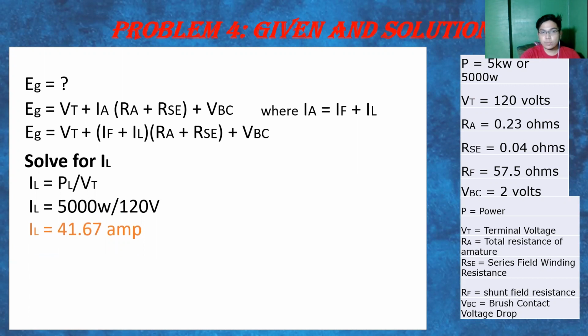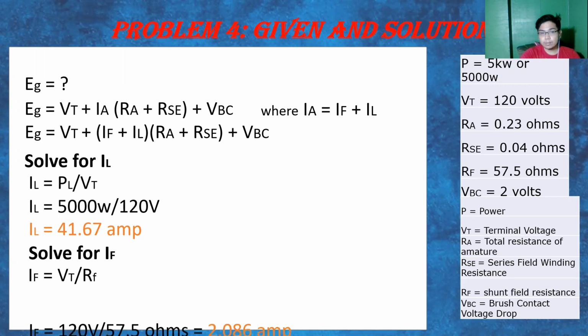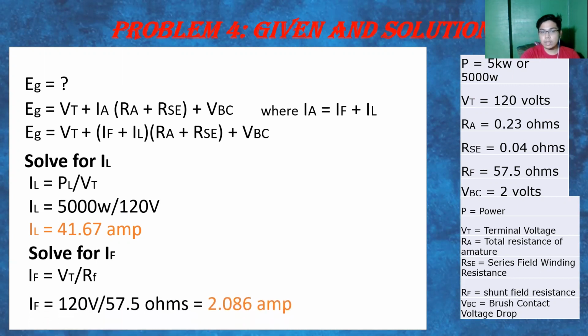Ang makuha natin is 41.67 ampere. So, solve for I sub F. And I sub F is equal to V sub T all over R sub F, where V sub T natin is 120 volts and yung R sub F natin is 57.5 ohms. And pag kinumpyut natin yan, makukuha natin is 2.087 ampere.